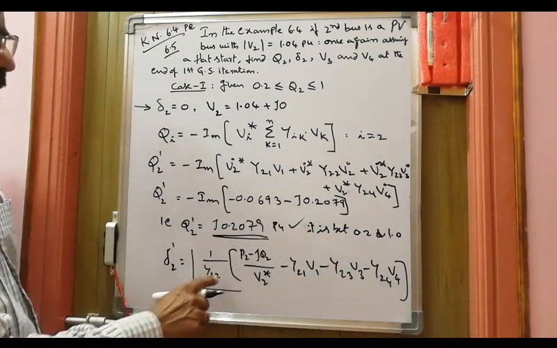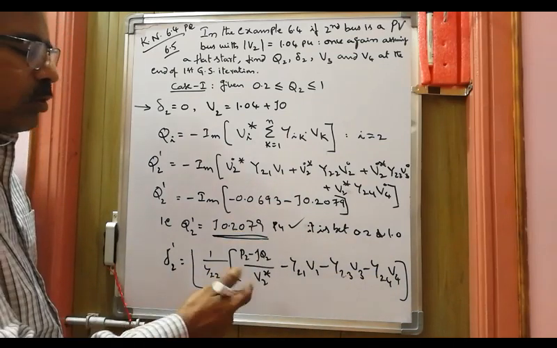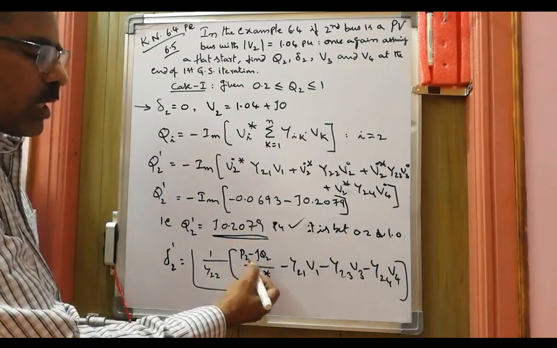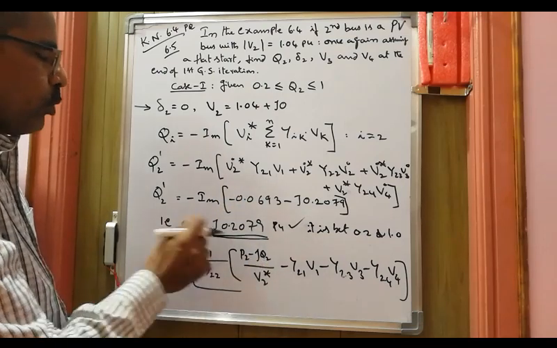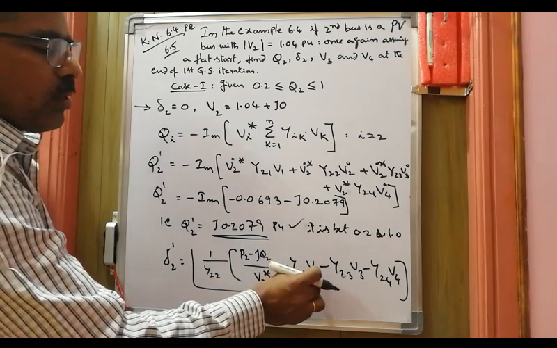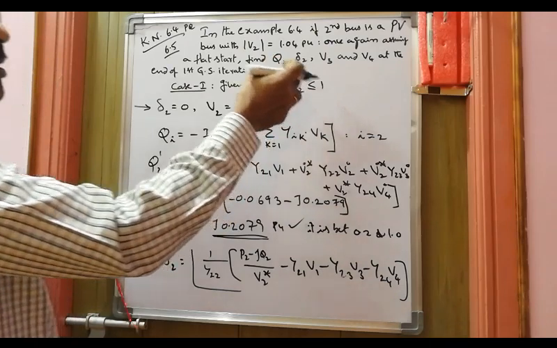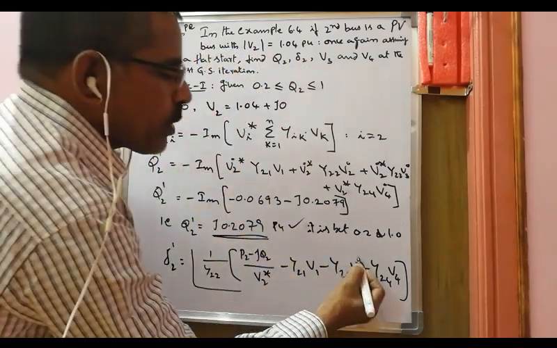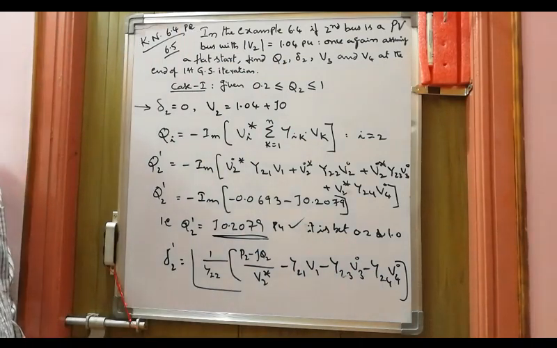In this, Y22, Y21, Y23, Y24 are Y bus values. P2 and Q2: P2 is there in the data, Q2 you need to substitute. And then V1, which is the slack bus. V3, the V3 0 is to be substituted. Likewise, V4 0 is to be substituted.